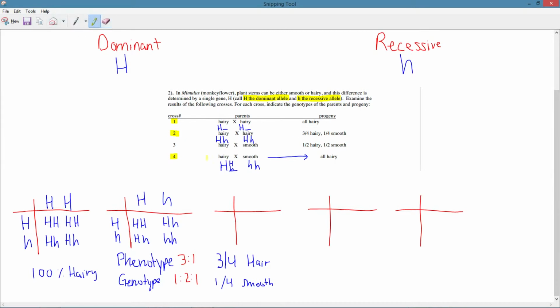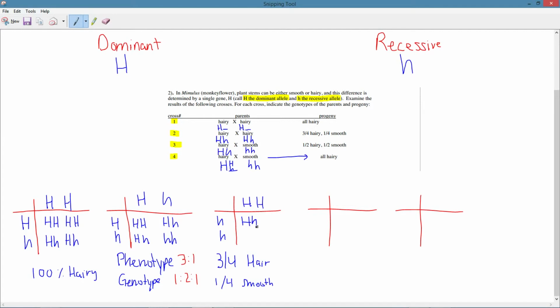Now let's look at the third cross. Hairy times smooth gives you 1/2 hairy and 1/2 smooth. You know that smooth is recessive, therefore you can just jot down the 2 lowercase h's. But you know that hairy will have 1 recessive allele in order for them to show the recessive trait. So the answer is uppercase H and lowercase h. Why? Because if we put 2 uppercase H's, it will give you 100% dominance.